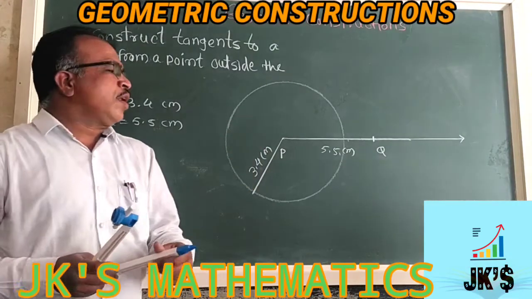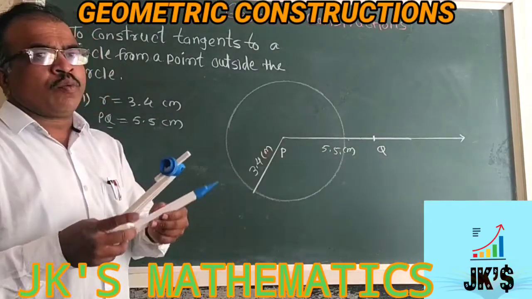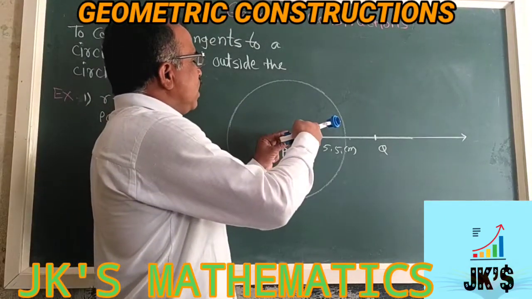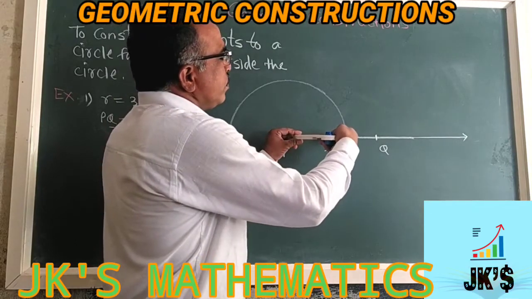Now draw the perpendicular bisector of segment PQ. For this, we take the distance slightly greater than the half of PQ.